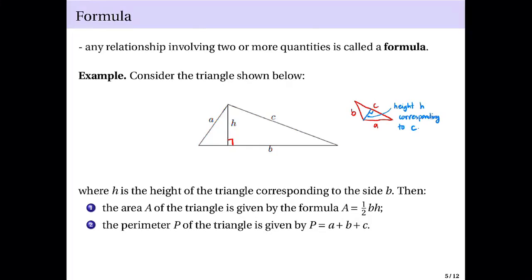The value of H here, the height corresponding to B, could be different from the height corresponding to A or the height corresponding to C. So for these formulas, we have H to be the height corresponding to side B. Now, the area of the triangle will be given by this formula: 1/2 times the base, which is B here, times this height H. So again, 1/2 B times H.